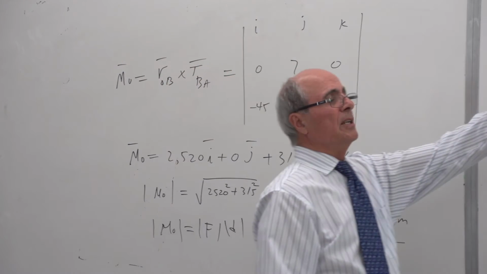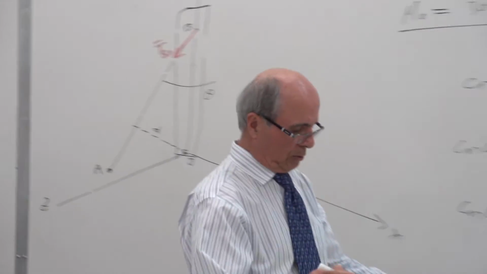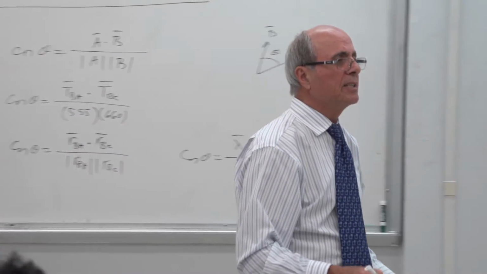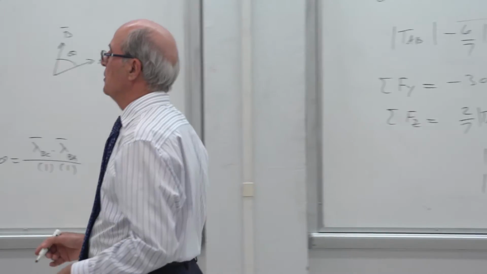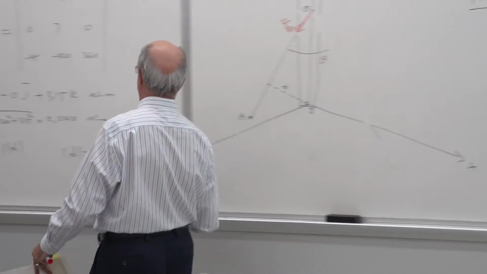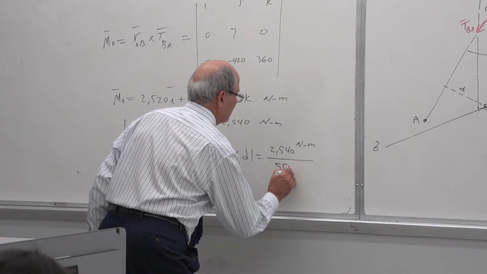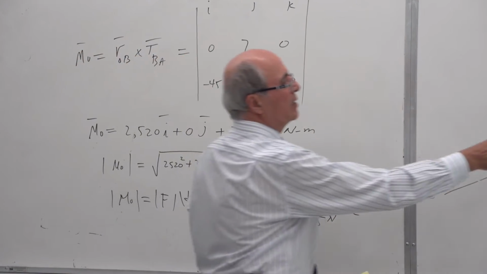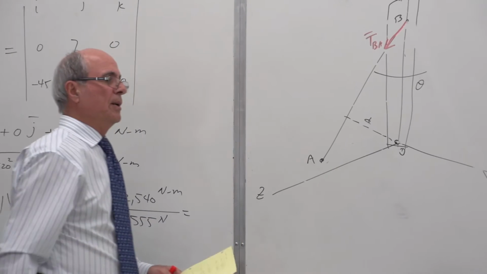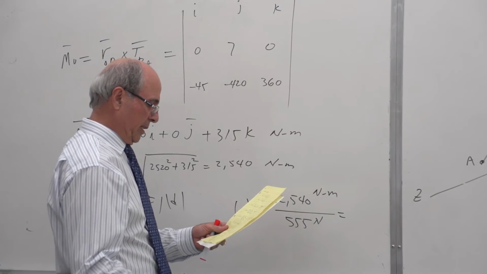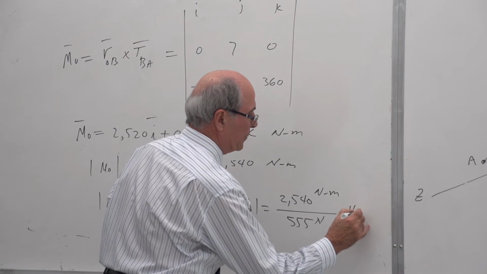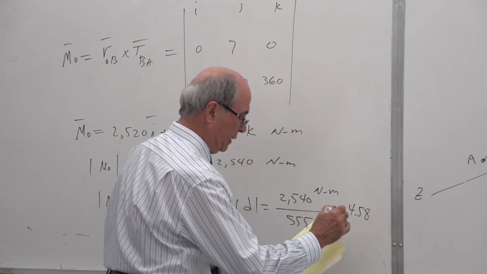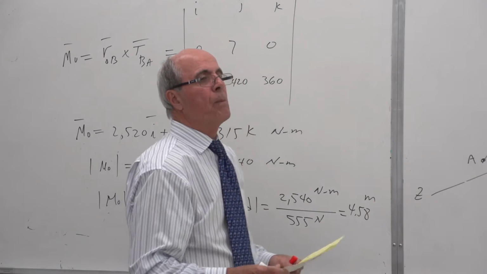What was the T_BA equal to? Do you recall? T_BA was 555, so divided by 555 Newton. Obviously, the answer will be this length from here in space, the perpendicular distance, and that becomes 4.58 meter.